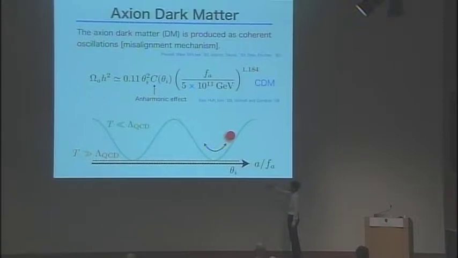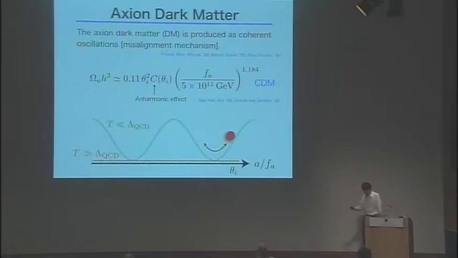And then you can explain the observed dark matter abundance if the decay constant is around 10 to the 11th or 12th GeV. For such large Fa, the axion mass is very small, so it is stable on the cosmological time scale. So the axion is a very interesting dark matter candidate because it's originally motivated by the solution to the strong CP problem, which has nothing to do with dark matter. But such a dark matter candidate comes out kind of automatically.